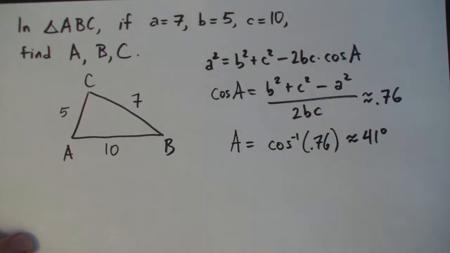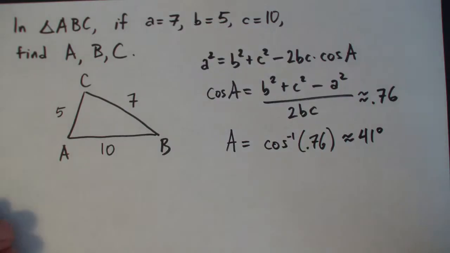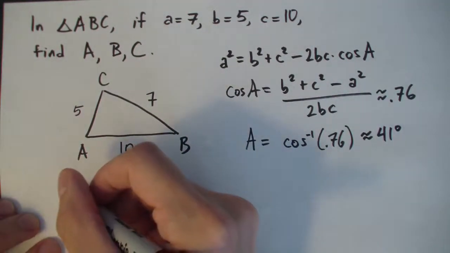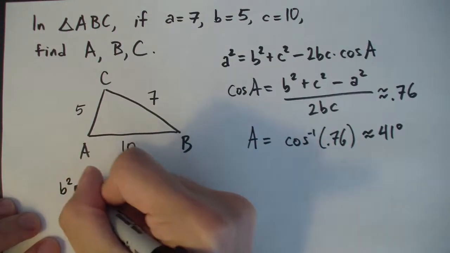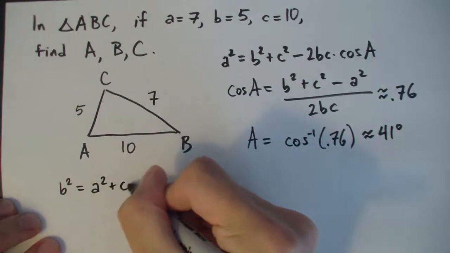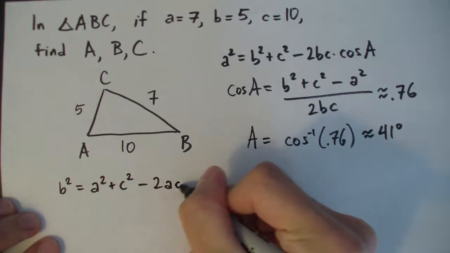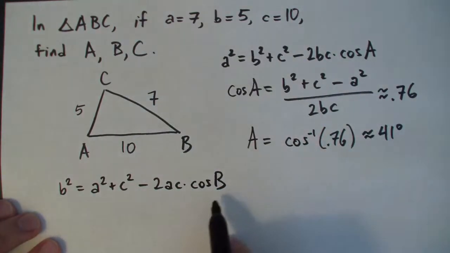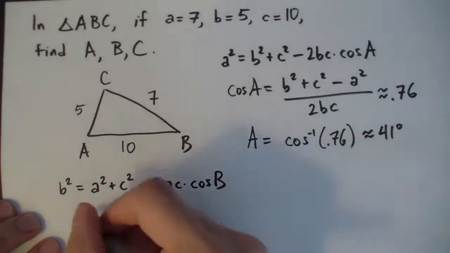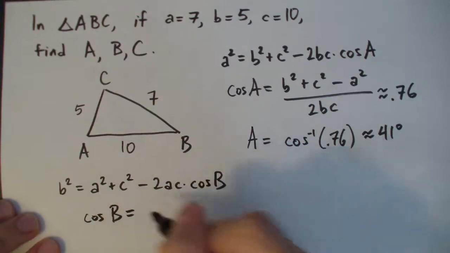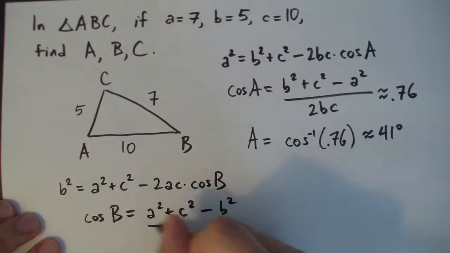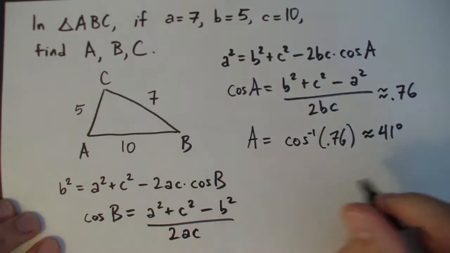And now we could use the law of sines, but let's just keep going with the law of cosines to find angle B. And so to find angle B, we'll use the law of cosines that involves angle B. So b squared equals a squared plus c squared minus 2ac times the cosine of b. And similarly to what we did here, we rearrange this and solve for cos b. We get cos b is equal to a squared plus c squared minus b squared all over 2ac.